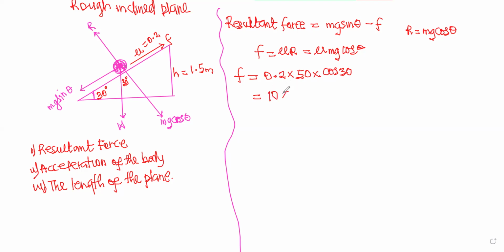So 10 times 0.866 gives us 8.66 Newton for the friction. Therefore, the resultant force would be equal to, what is the value of mg sine theta? What did we get for mg sine theta?